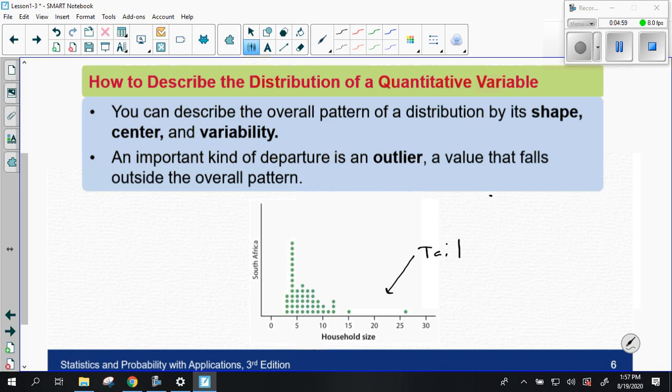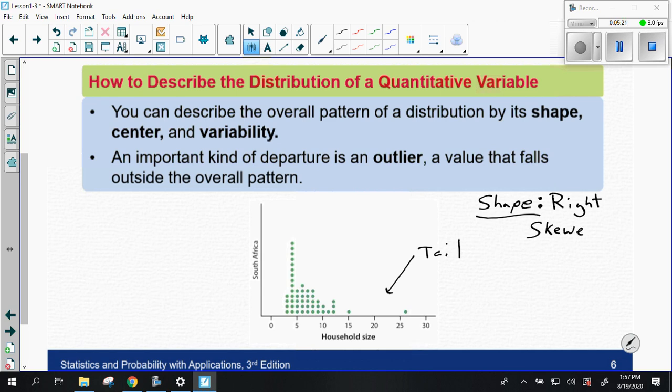So when we're talking about symmetric, right skewed or left skewed data, we're describing the shape of the distribution. In this case, the shape appears to be right skewed, or you could say skewed right as well.